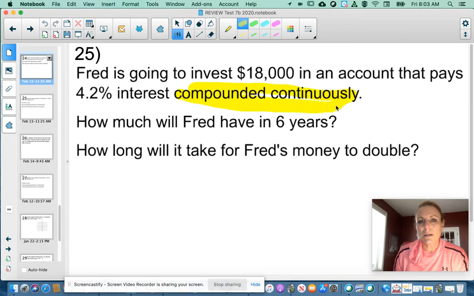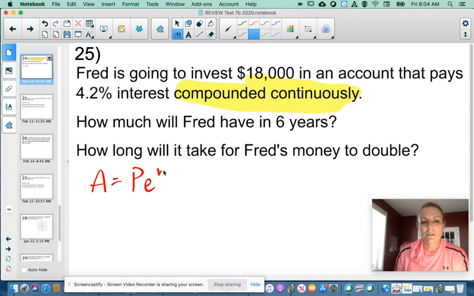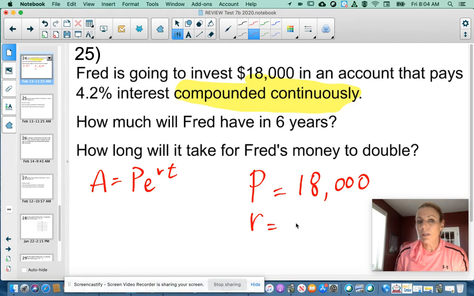All right. The minute you hear that, you should be thinking this. PERT. P is the amount Fred is investing. R is the interest rate written as a decimal.